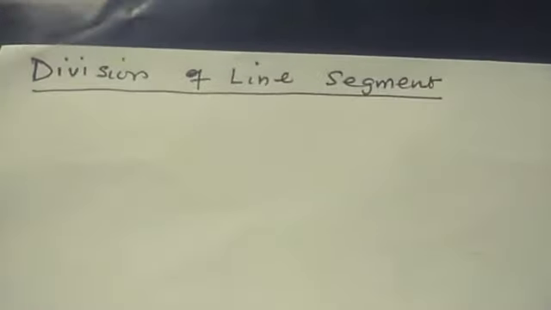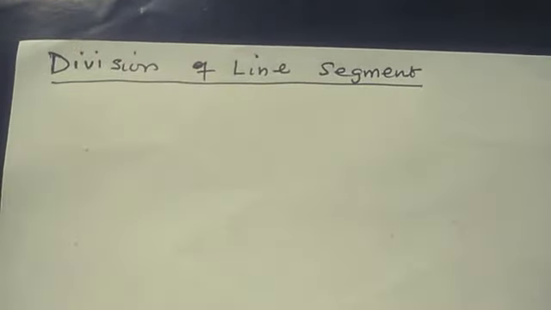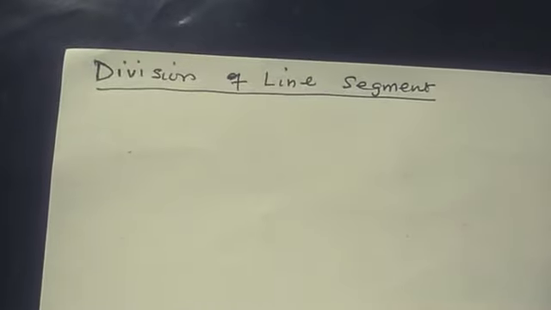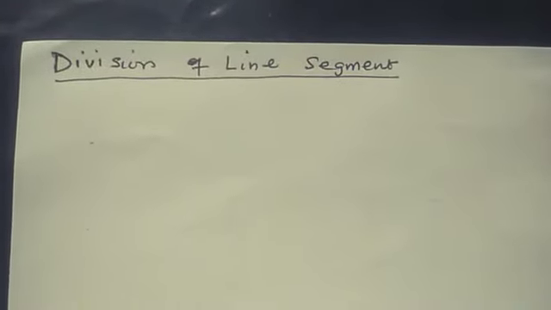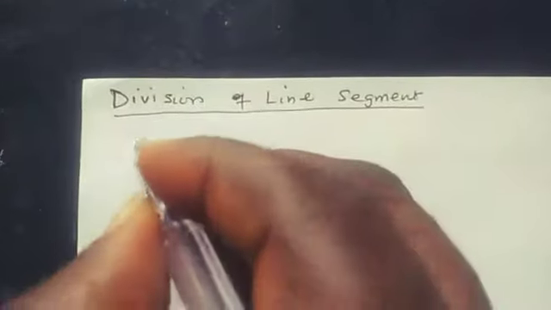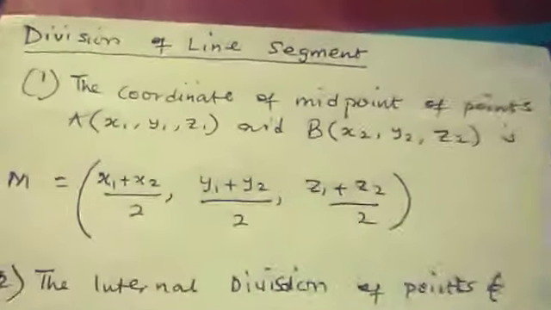So let's move to division of line segment. The division of line segment under the two-dimensional coordinate system also extends to three dimensions. It's still the same thing, and the coordinate of the midpoint is still the same. So we start from the first one, the coordinate of the midpoint.